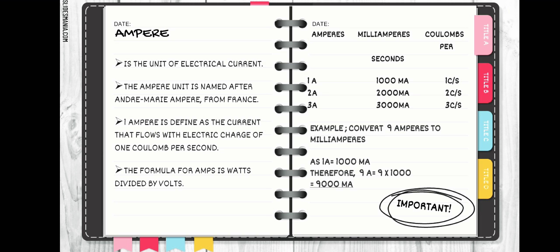For example, we convert 9 amperes to milliamperes. As 1 ampere is equivalent to 1000 milliamperes, we just multiply 9 amperes times 1000, which is equivalent to 9000 milliamperes.